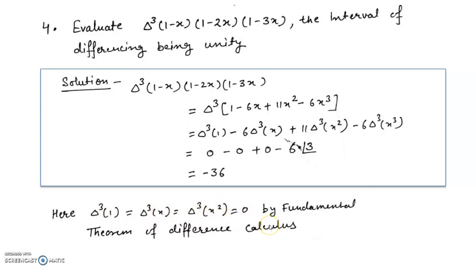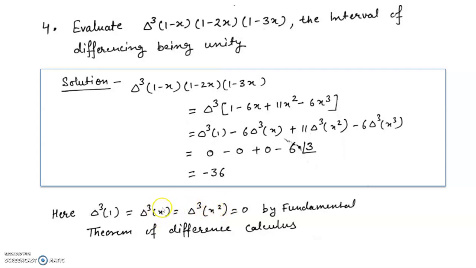And the theorem says if we have a polynomial of nth degree, then nth order differences are constant and (n+1)th and so on, other differences are 0. So for this x square, it is a polynomial of second degree, so its second order differences will be constant and third order will be 0.